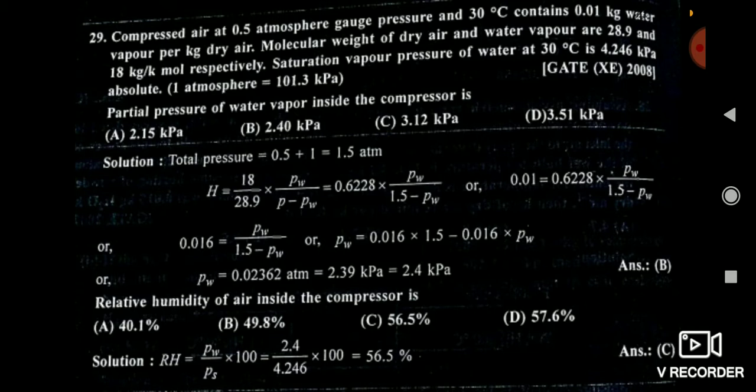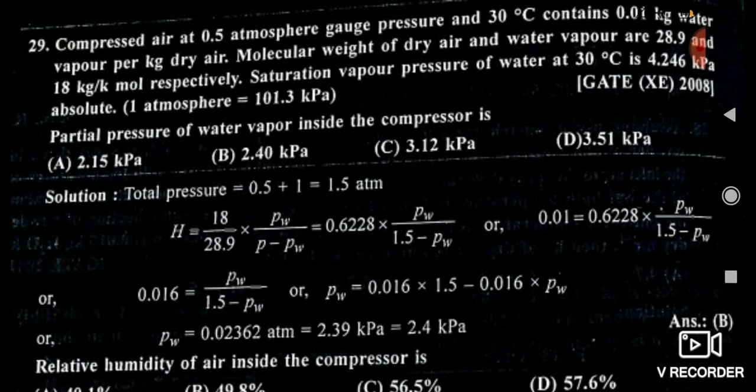Now friends, see another question. It is also a very good question. This question looks a little bit lengthy, but it is genuinely very easy. Read the question once carefully. Friends, here it is saying that the pressure is 0.5 atmosphere gauge pressure, and the air contains a humidity of 0.01 kg of water vapor per kg of dry air, and the molecular weights of both dry air and water vapor are given.